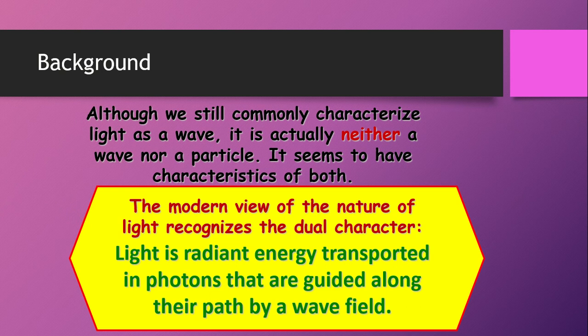That is, light is radiant energy transported in photons that are guided along their path by a wave field. I believe you can see the correspondence of the two. Photons are the discrete amounts of energy guided along their path by a wave field, and both interrelate to give light.